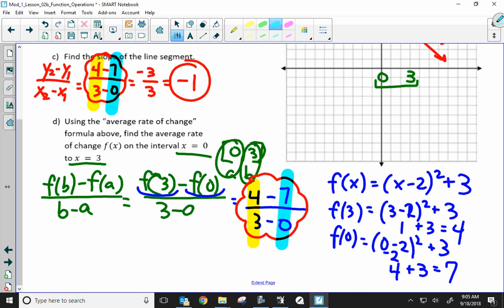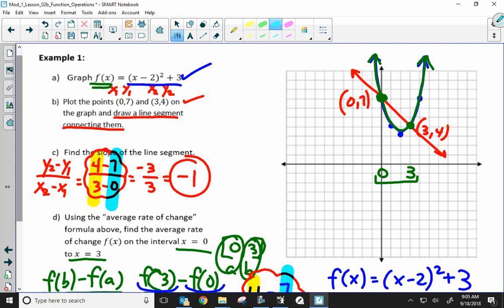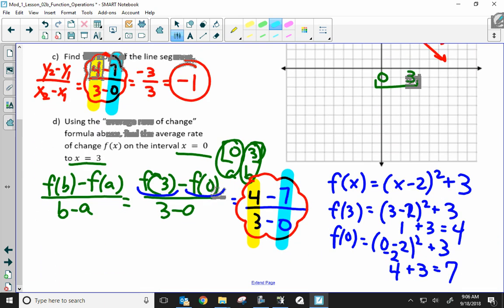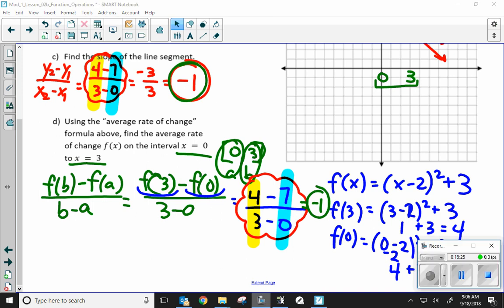That should be the same because we are taking the same points, right? This point and this point. That line went through those 2 points that we're taking the slope of. And our rate of change is between those 2 points. And they're shared. They're the same points. And rate of change is slope. This ends up being negative 1, just like it was right here. Okay? You can see how they're the same.